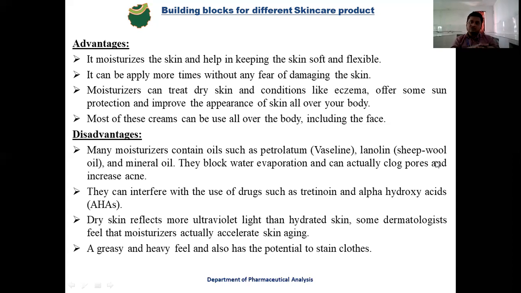So after applying the moisturizing cream, if you go outside, when the UV rays come in contact with your skin, the skin will not reflect back the UV rays compared to dry skin. So some dermatologists give that advice, or feel that dry skin gives better reflection of UV rays compared to hydrated skin.